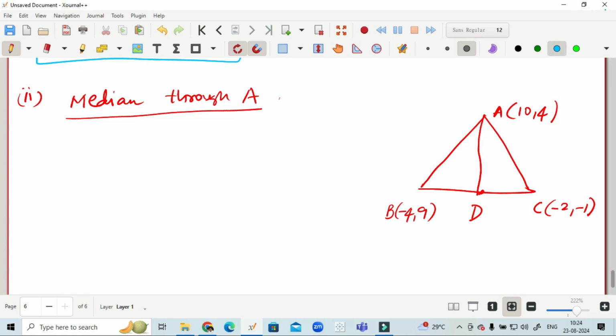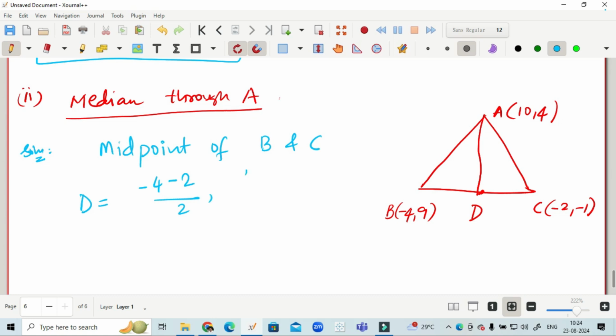Now D is the midpoint, right? I am writing it directly. The midpoint of B and C: D equals (x1 plus x2) by 2, (-4 minus 2) by 2, and (y1 plus y2) by 2, (9 minus 1) by 2.